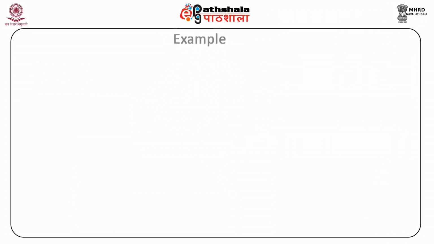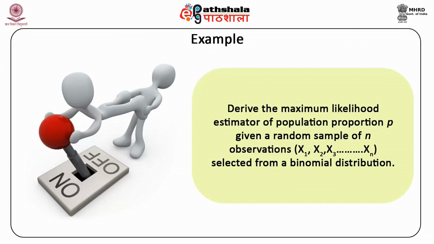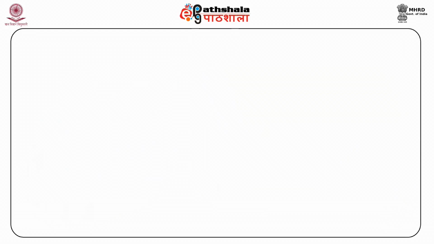Coming on to the next example. Derive the maximum likelihood estimator of population proportion p, given a random sample of n observations x1, x2, x3 to xn selected from a binomial distribution.